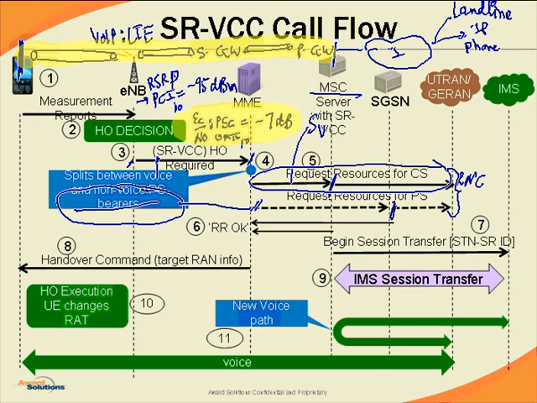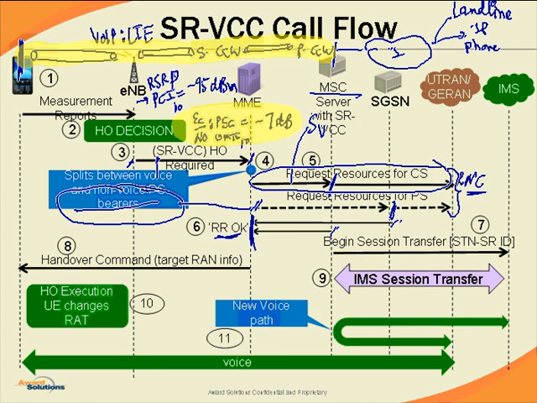So that's step number 4 and 5. Making a request for resources to support the circuit switch voice call and packet switch handover. Once the resources are available and reserved, then the MME gets the acknowledgement from SGSN and MSC that the resource reservation is fine.